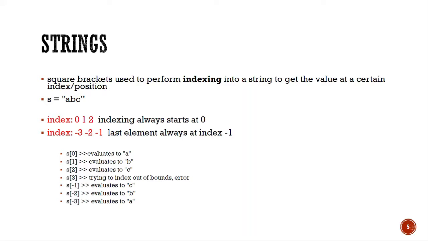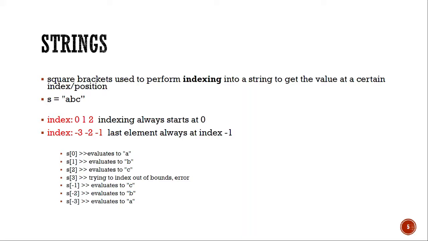To index a character within a string, we use the square brackets as illustrated here. So we use square brackets to perform indexing in a string to get the value at a certain index or position. Note that the indexing in Python starts with 0.